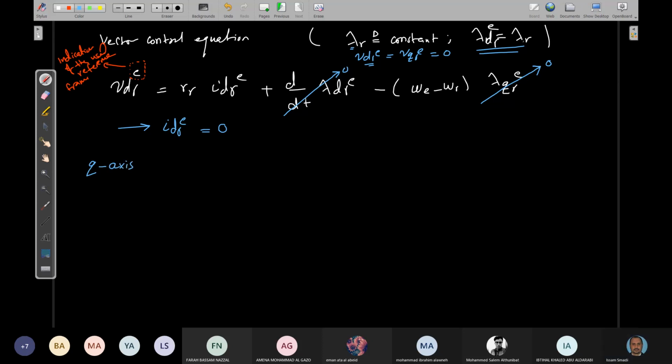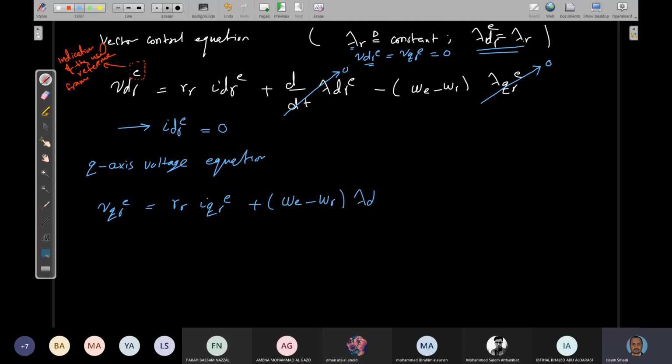Now, if we go to see the Q axis voltage equation, and if we write it, VQRE will equal to RR IQRE plus omega E minus omega R lambda DRE plus d by dt of lambda QRE.